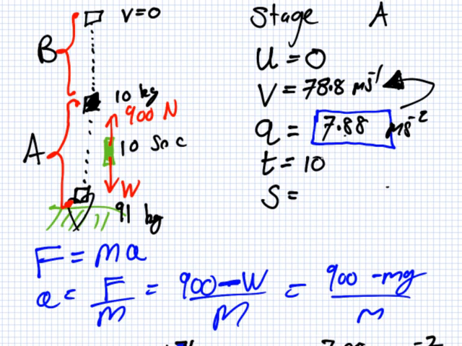Okay, and we need to get the S. What formula could I use for the S? I think probably S equals UT plus a half AT squared. A half AT squared. So here I get 394 meters.